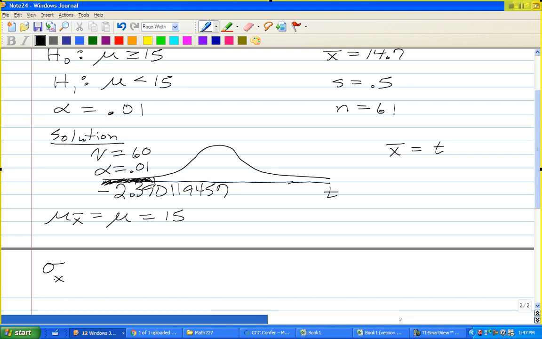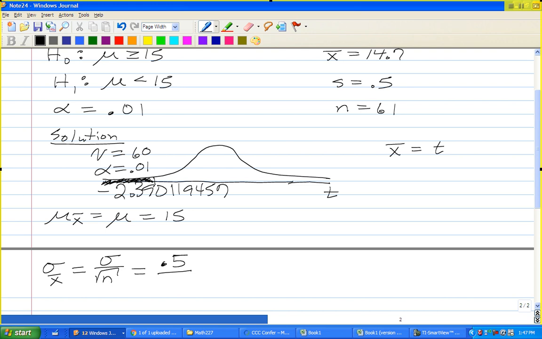The standard deviation of the sampling distribution of all possible sample means, because we assume that the population is infinite, is the population standard deviation over the square root of the sample size n. We don't know the population standard deviation, but we can approximate it with the sample standard deviation.